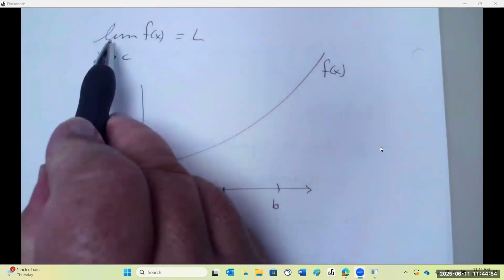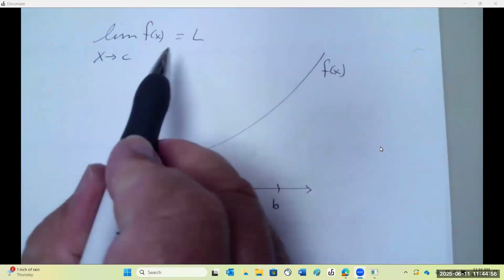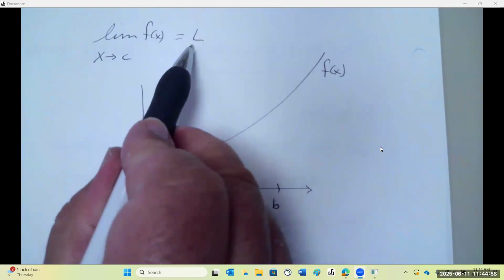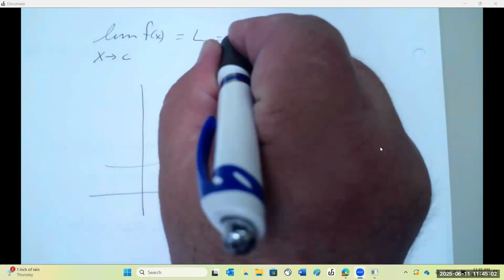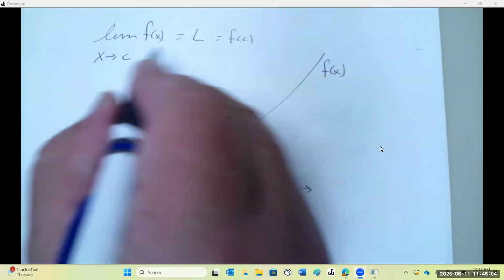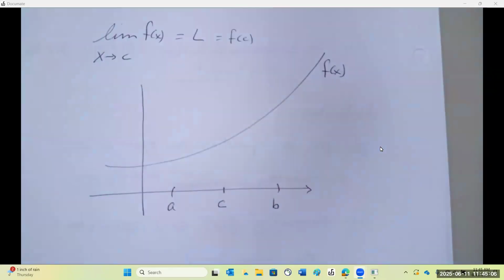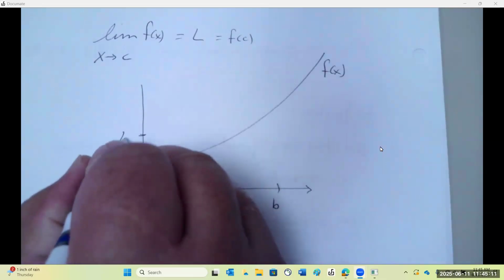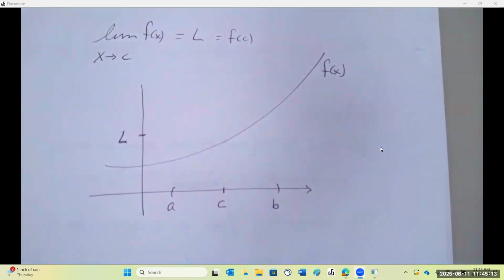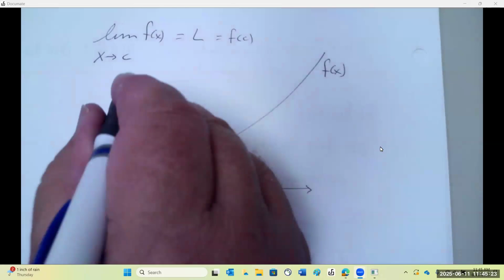So remember, if I give you a limit of a function as x approaches c, how do we find the L value? What we're saying here is that if we just take our value c, plug it in there, we get our limit value. So we have our limit value somewhere in our function. So far, so good? Because these are all of our f of x's.